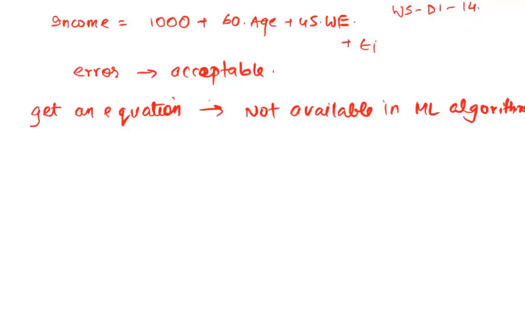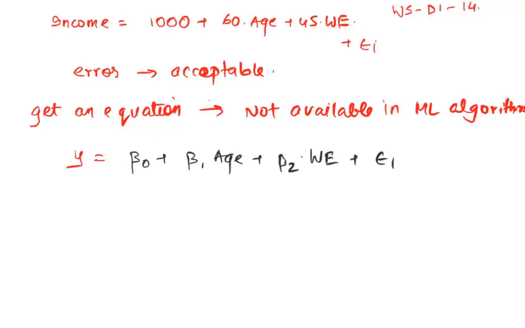So we are saying that we looked at the data, we saw that the correlations were high. There were 5 variables. We felt that those 5 variables in some way linearly are impacting the target variable. So I'm going to create an equation like, in this case, I've created with 2 variables. I felt that age and work experience are useful. So I've hypothesized a model. I would have written that y is equal to some beta naught plus beta 1 into age plus beta 2 into work experience plus error.